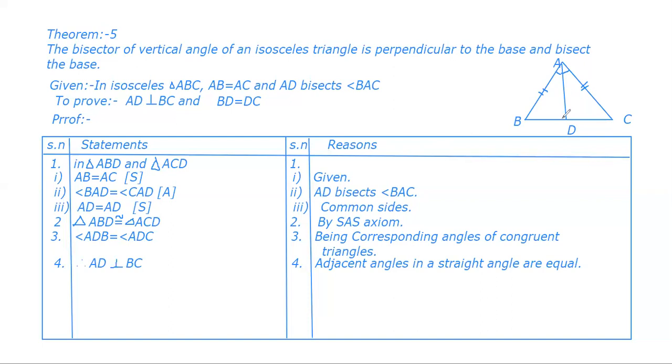Other than this, it is not possible. If one is 60, another must be 120. If one is 70, another is 110. If one is 80, then another is 100. So they are not equal. But if one is 90, then another also 90. So if they are equal, they must be 90 degrees. So it is perpendicular.